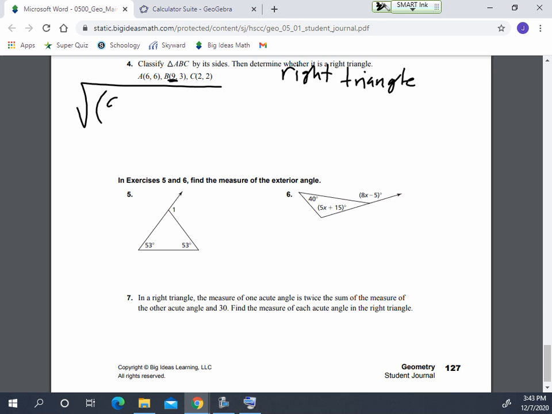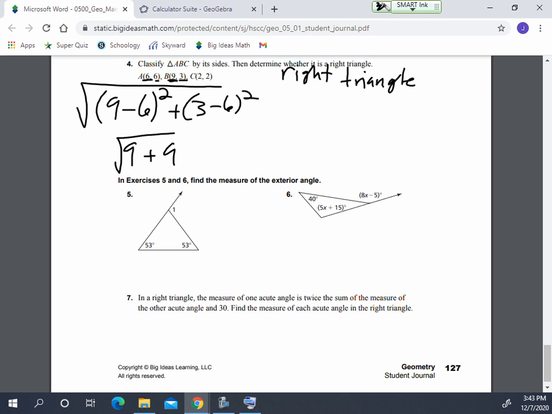So 9 minus 6 squared plus 3 minus 6 squared. Doing quick math, 9 minus 6 is 3, and 3 squared is 9. Plus 3 minus 6 is -3, -3 squared is 9.